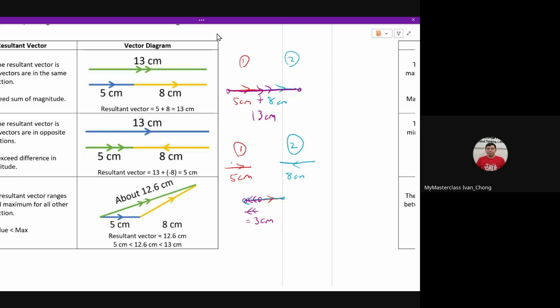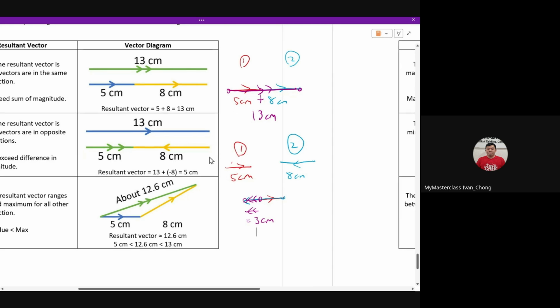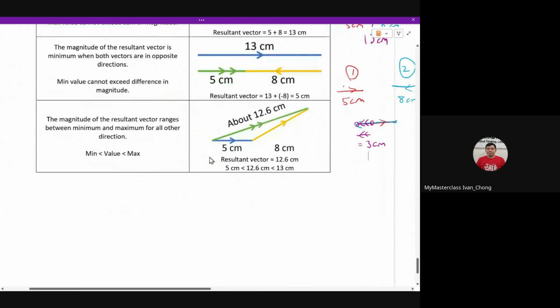So this one goes back to your normal horizontal and your vertical itself. If we ever want to find the range of possible values, we will always take the smallest possible value and the largest possible value. So your max was 13 cm, correct?